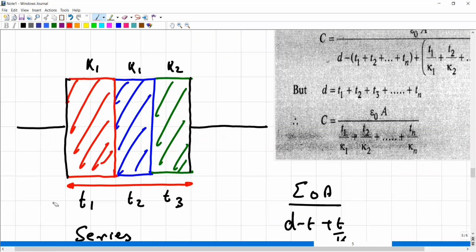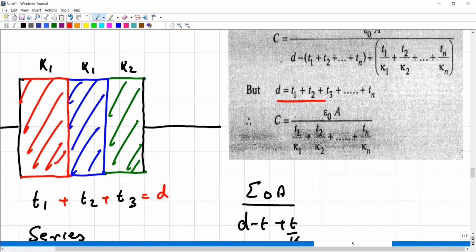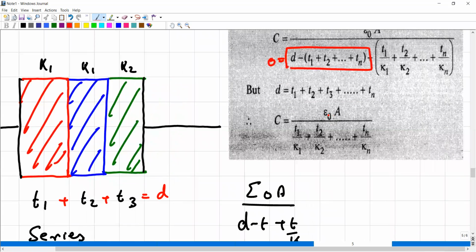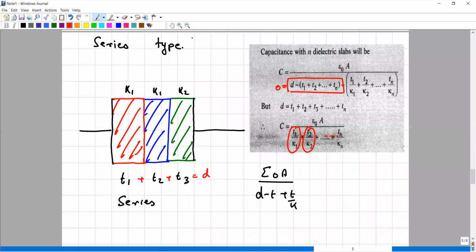That means the sum of the thicknesses T1 plus T2 plus T3 will become D. They will all combine to become D. So this T1, T2, T3 will combine to become T. And if they all become T, that means this quantity here will become 0. And then our formula will become epsilon naught A divided by T1 by K1, T2 by K2, and keep on adding up like this. This is for the series type arrangement of dielectric.